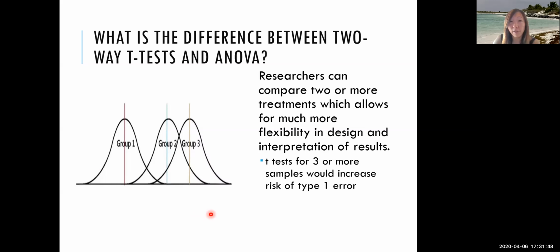Okay, so it's really like a false positive. So we're going to increase our chances of committing that error if we use a t-test for multiple samples. So that's why we're going to use ANOVA.